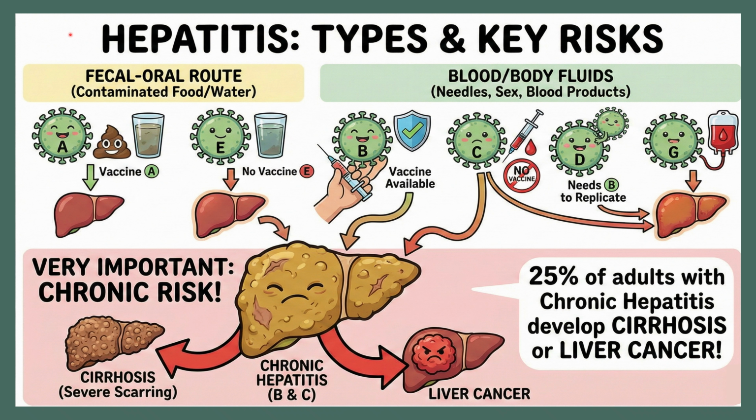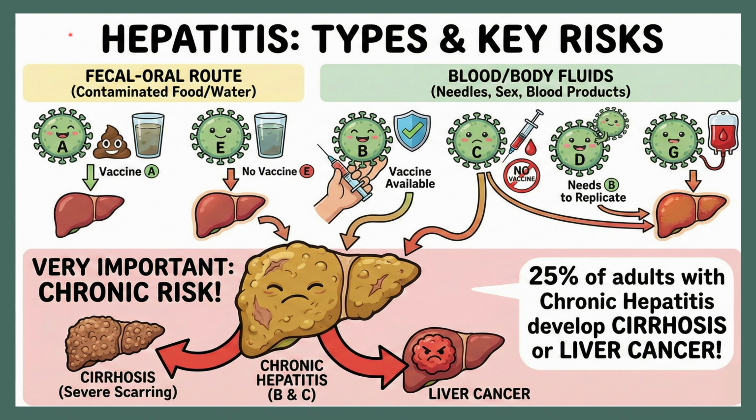Specific risk factors can include chronic alcohol use, certain medications like statins and acetaminophen, Tylenol, and exposure to toxins. There is also autoimmune hepatitis, which comes in two types and occurs when the body's immune system attacks its own liver cells.